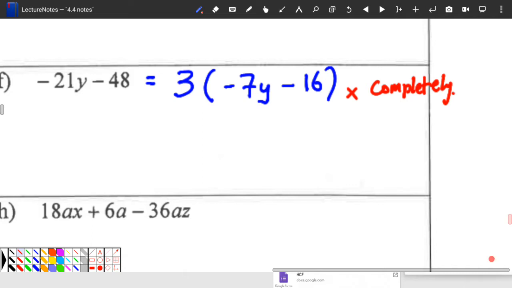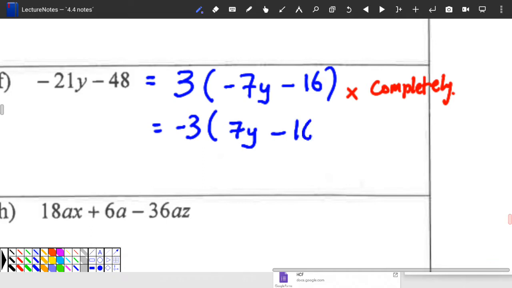Now let's see what happens. If I factorize the negative 3 out, what will be left inside? 7y. Now let's try. Negative 3 times 7, do you get negative 21? Yes, so this is correct. Try the other one.